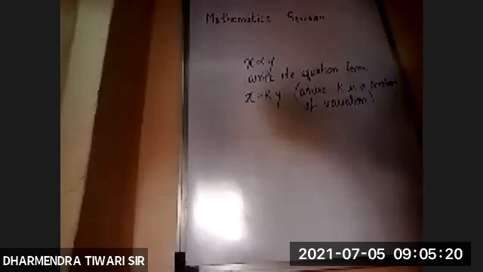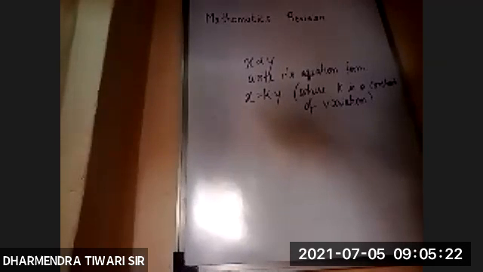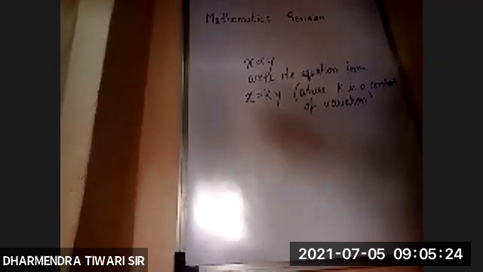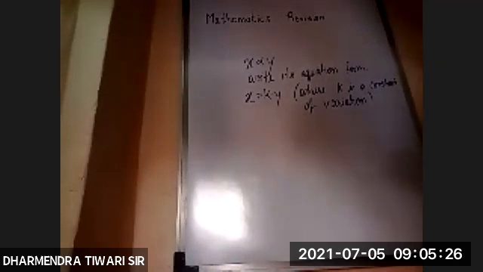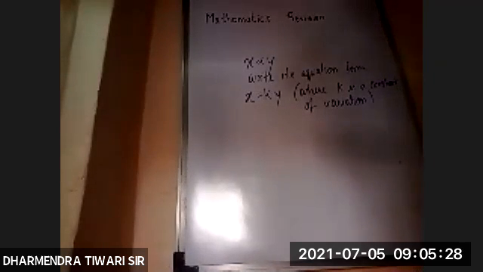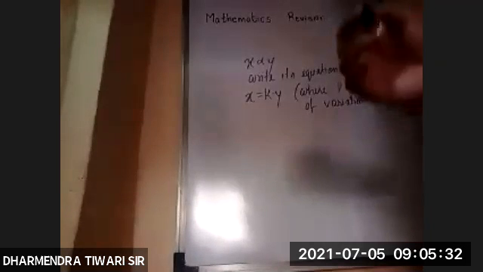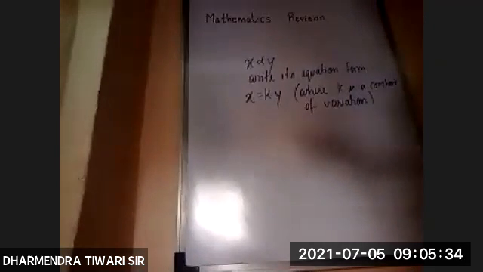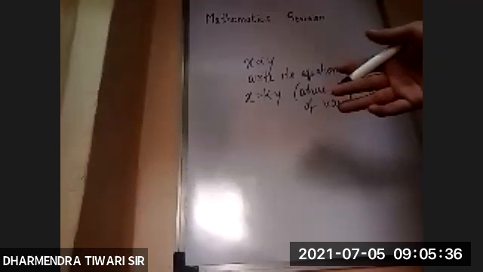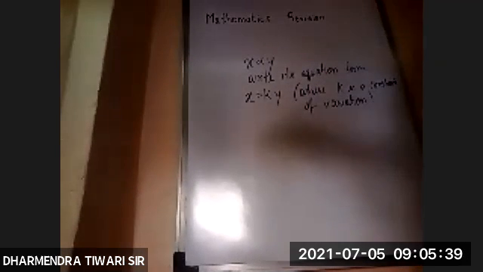It will always show you whether the variables you're stating are in direct variation or inverse variation. Always fixed. Constant means fixed value. It's not going to change. Once you have decided that k is 100, it will remain 100 throughout the problem, unless we give some other condition.